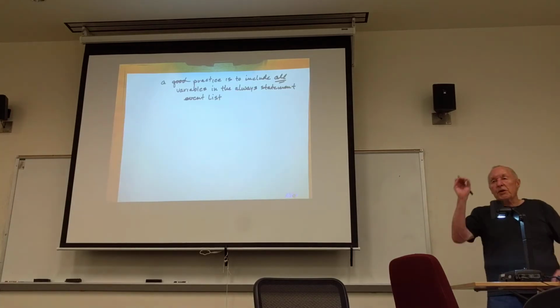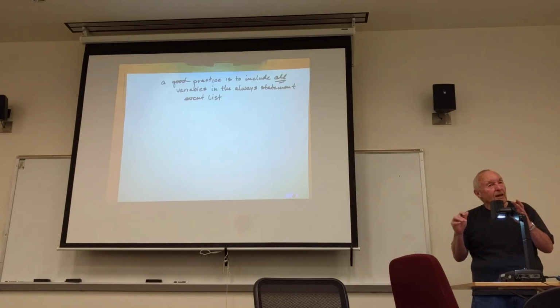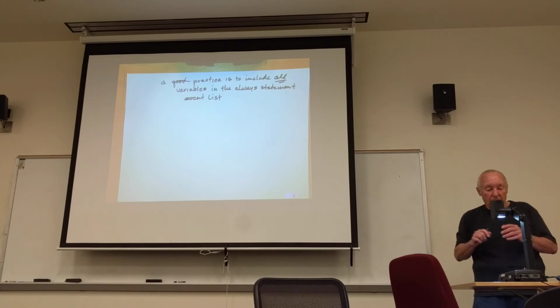Now you could explicitly enumerate them in that event list, or you could use the asterisk as a wildcard to make sure that you've got them all.